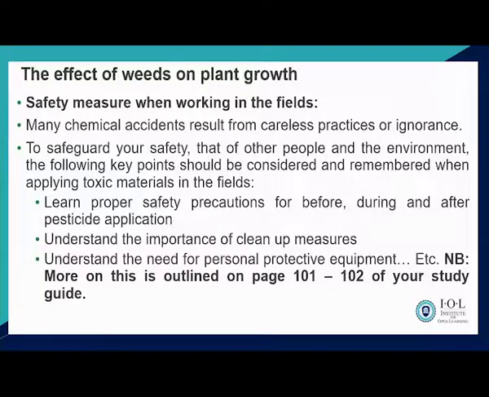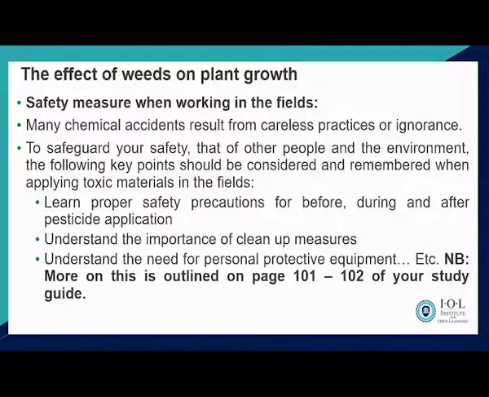To safeguard your safety, that of other people as well as the environment, the following key points should be considered and remembered when applying toxic materials in the fields. The first one is to learn proper safety precautions for before, during, and after pesticide application.